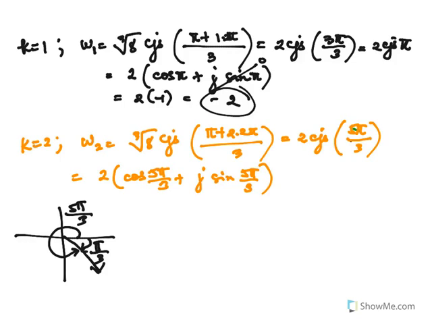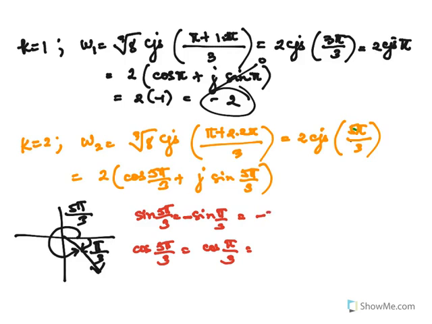Therefore, your sine of 5 pi over 3 is equal to sine of pi over 3, and the cosine of 5 pi over 3 is equal to cosine of pi over 3. But since the terminal side of 5 pi over 3 is in the fourth quadrant, then cosine is positive, sine is negative. So this is negative square root of 3 over 2, and this is positive 1/2.